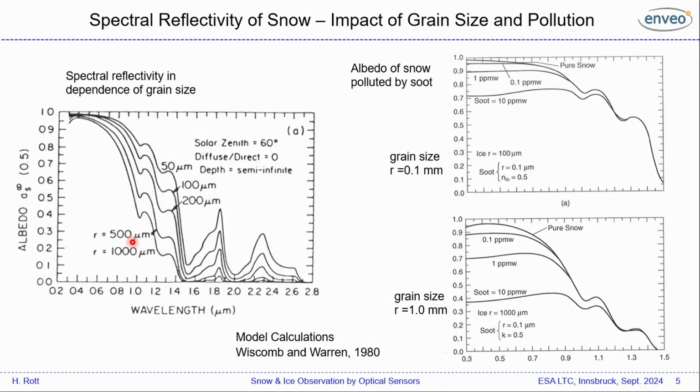In the visible it's not so much, but if you go to the near infrared, as these model computations show, this is of course an extreme case, ranging from 1 millimeter to 0.05 millimeter, with an incidence angle, or zenith angle, of 60 degrees.